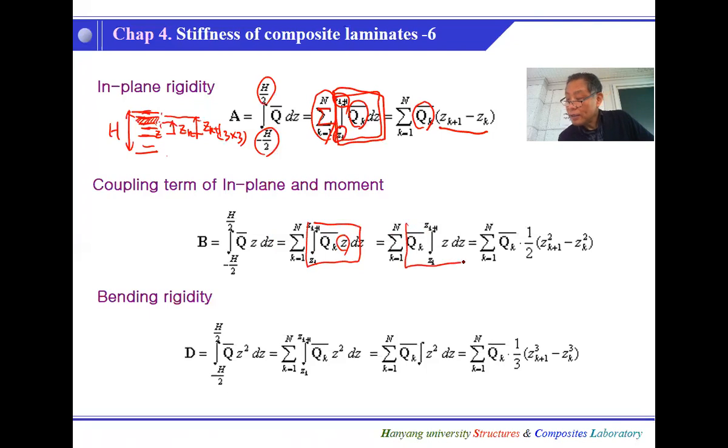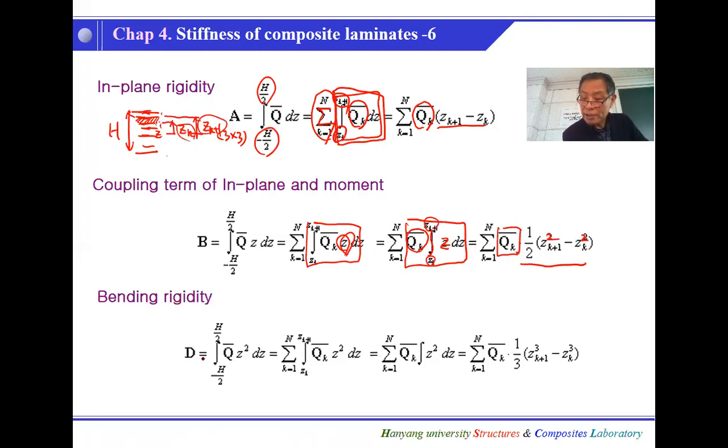Q is a constant out of the integration, Z is still Z, and all we need to do is integrate Z over each ply. Now, instead of z_k+1 minus z_k, we have a squared term because we have to integrate Z.